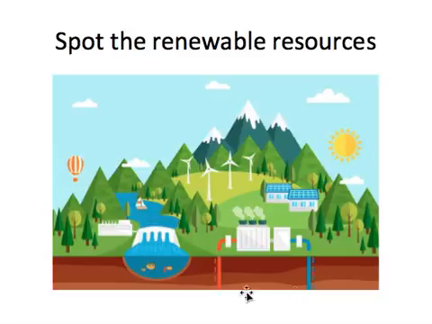I'm seeing hydrothermal energy. I am seeing some water energy coming down, and they're using this dam to get some energy. I see some wind energy. I see that these homes have solar panels. I see some other renewable energy like trees and things like that.